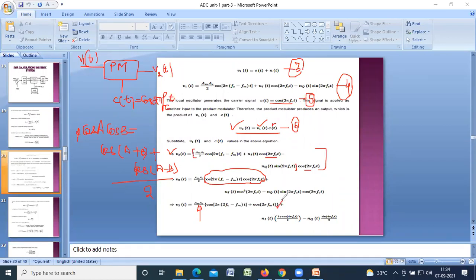Has it come up to here? Only one part of the equation. Cos(a+b): cos 2π is common, fc minus fm plus fc becomes 2fc minus fm, 2π t is common. For the second, do minus: fc will cancel out, fm remains. Done?